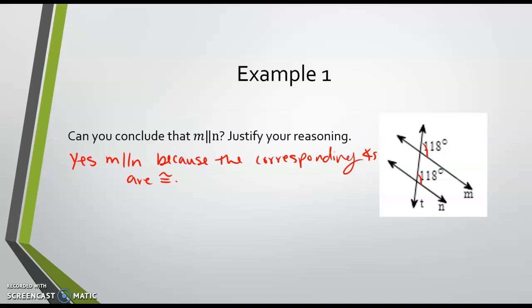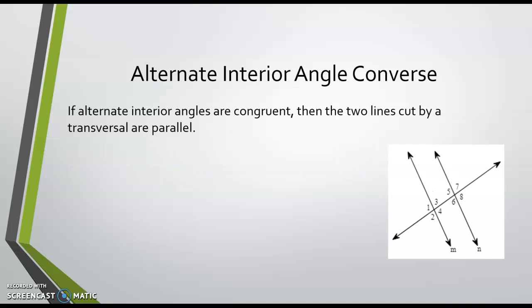We are basically just figuring out, are the lines parallel or not parallel? All right, so then the alternate interior angle converse is if our alternate interior angles are congruent, then the two lines cut by the transversal are parallel.